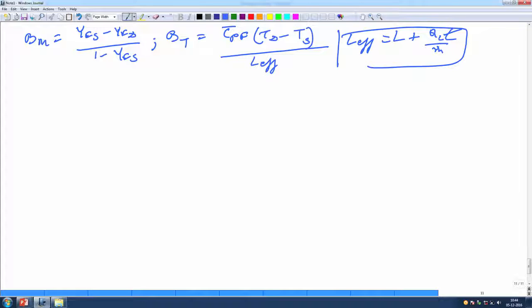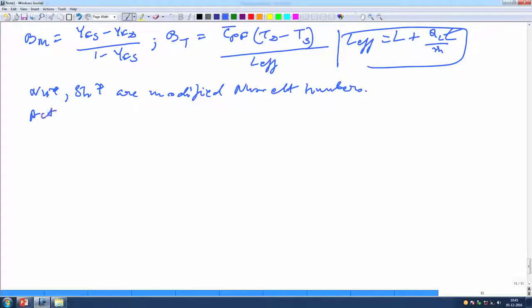Got it? Okay. So, now that these stars, Nu star and Sh star, are basically called the modified Nusselt numbers, right. The actual Nusselt numbers are given from the first definition, right.